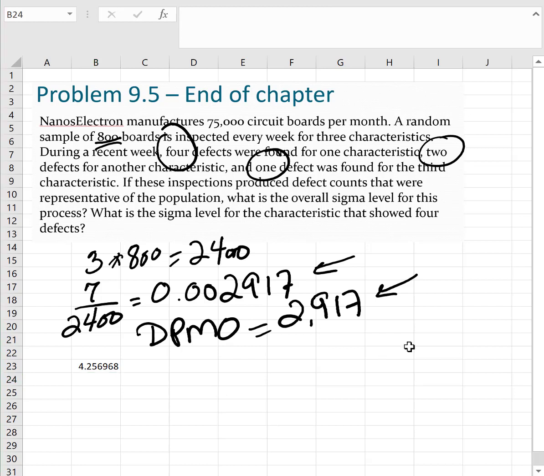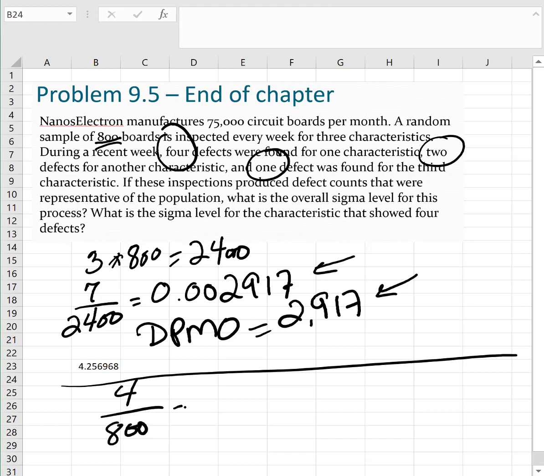Now, if we do the same thing, but just for the quality characteristic that we found 4 defects for, then since it's only one quality characteristic and we had a sample of 800, it's 4 divided by 800.